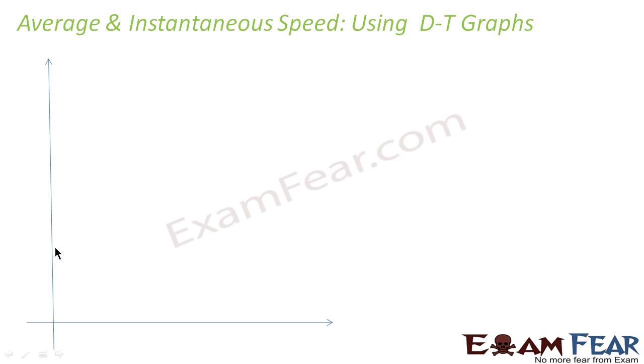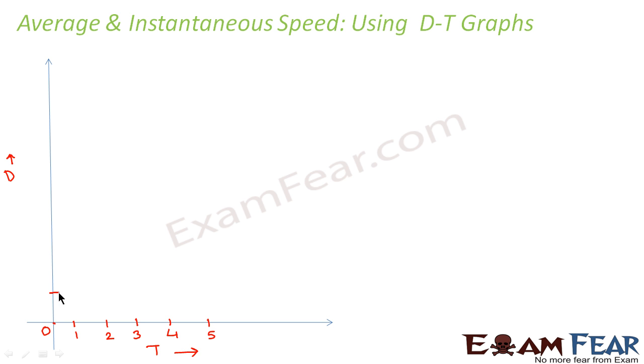Let us say we want to plot the graph of the previous figure. The y-axis represents distance and the x-axis represents time. Let us say this is our origin O. This is the time axis: 1, 2, 3, 4, 5.